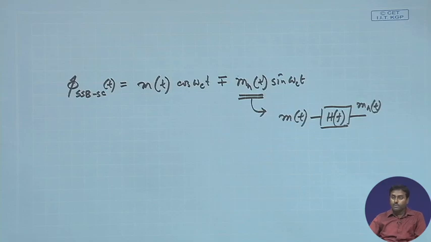So all we have to do is take the signal, do a Hilbert transform, multiply the original signal by cos omega ct and the Hilbert transformed signal by sin omega ct, and through an adder either add or subtract. Accordingly, you will get the upper sideband or lower sideband.